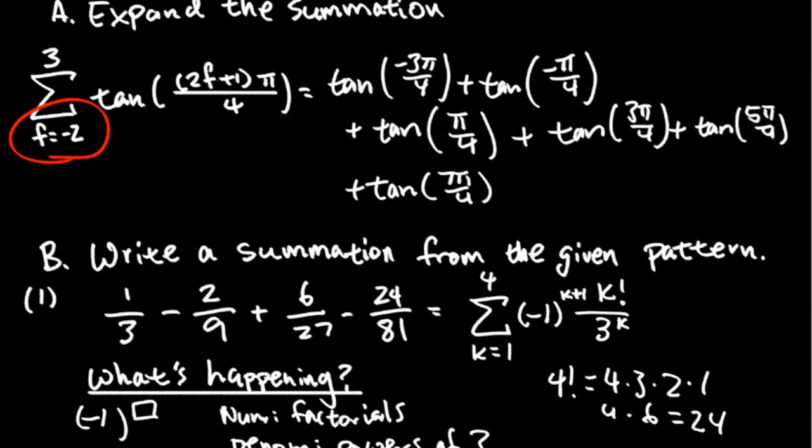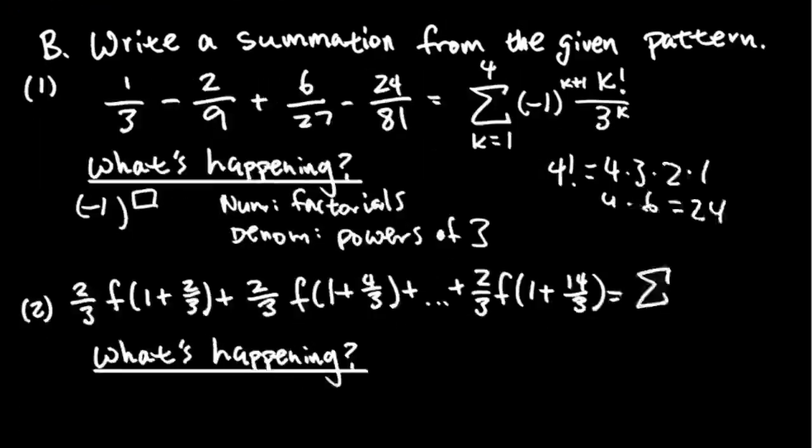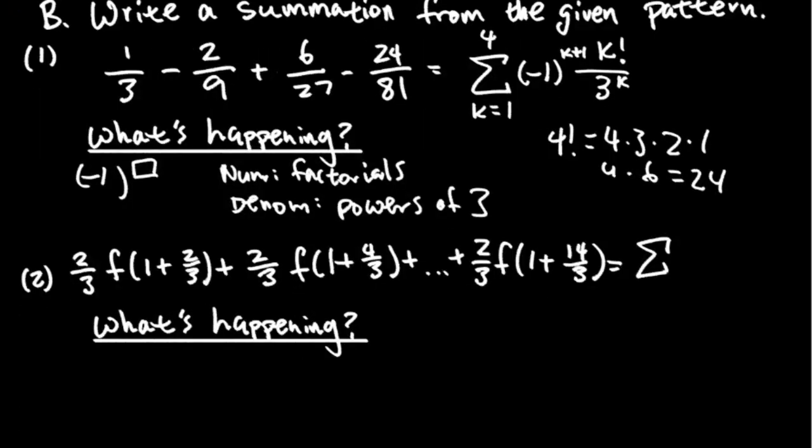Okay, so now let's move on to the next one. And again, let's look at patterns. What patterns are happening here? So we have 2/3 in every single term. So 2/3 is a factor, since it's in every single term.